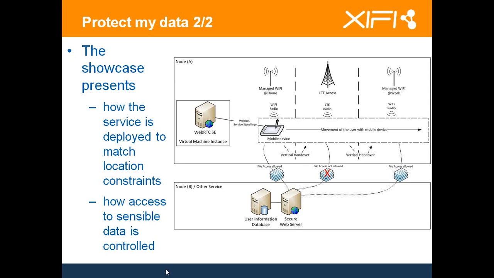Access to sensitive data from node B, where the data is physically located, is not allowed while the LTE connection is present, because this particular connection is judged not to be secure enough. And then we have connection-constrained access to sensitive data that is improving the protection of the user data, and is increasing the level of security in terms of privacy.